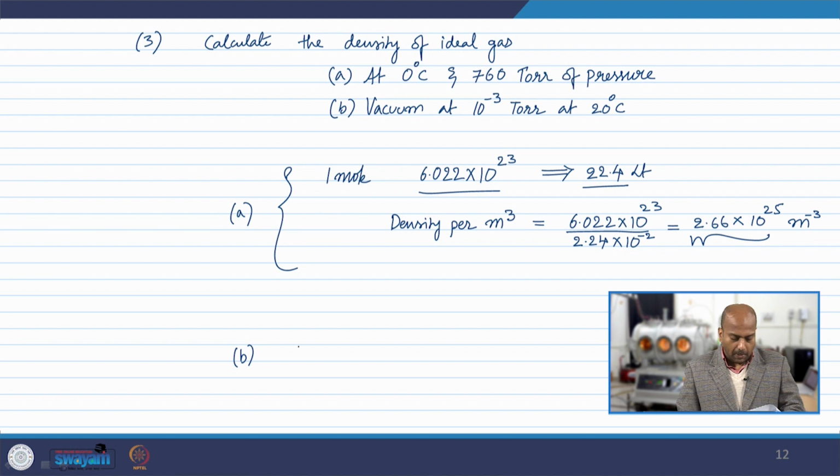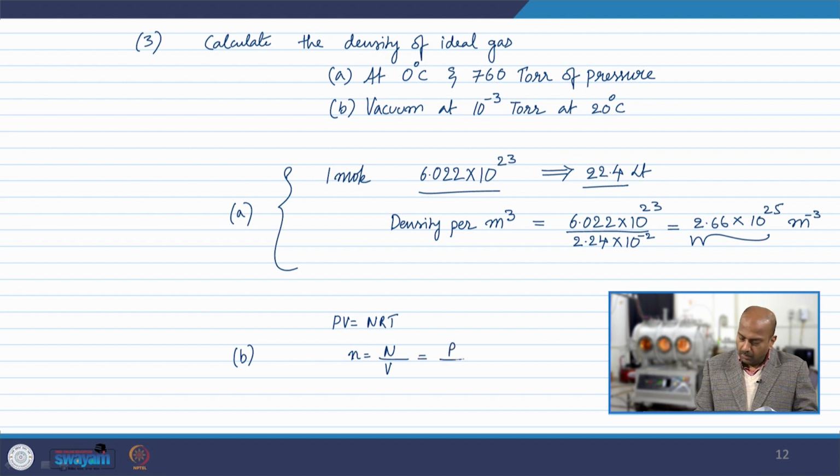For the second part, B, we know that PV is equal to nRT, where n by V, which is the number density, is equal to P by RT. So, that means that if you remove the constant R, we can write N1 by N0, where N1 is something that you want to find out and N0 is something that you know already, equal to P1 T0 by P0 T1, right.